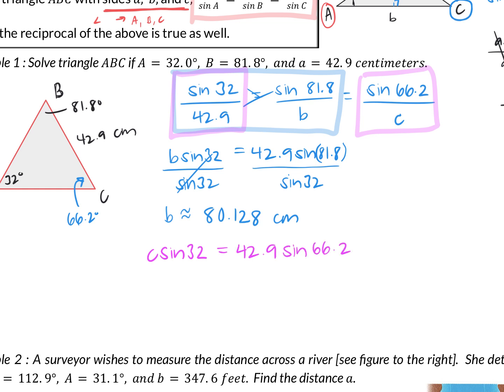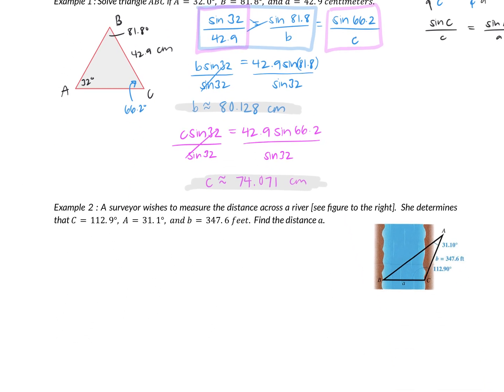Okay, just cross multiplying that. How am I going to get C by itself? Divide by sine of 32. So if I plug this whole fraction in, you should get approximately 74.071 centimeters.